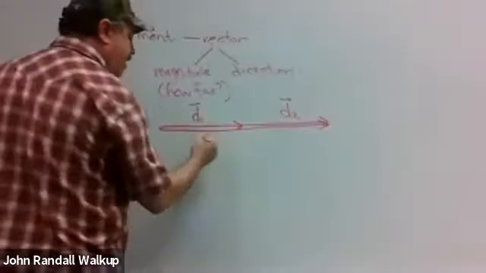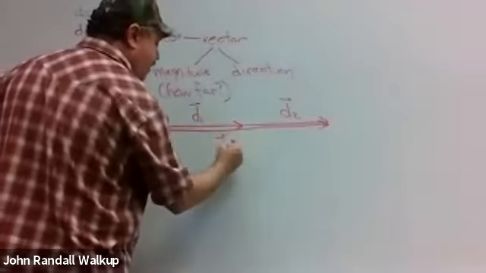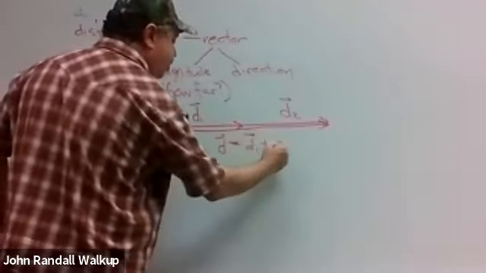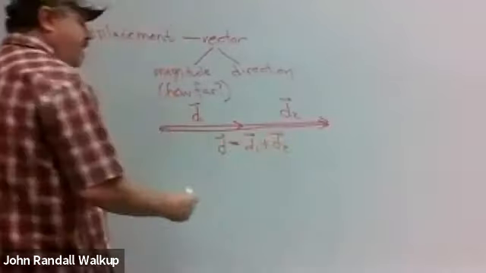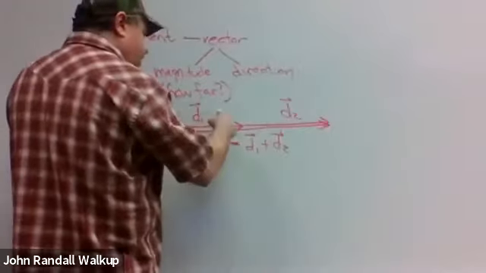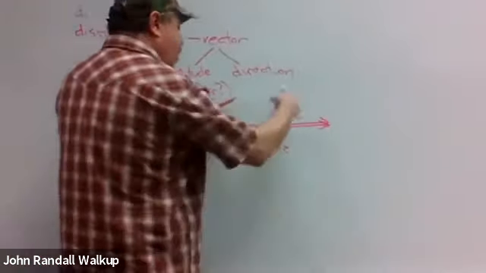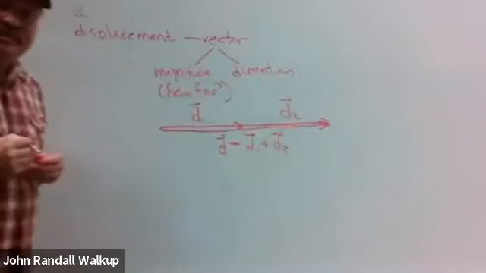And clearly, we could write this D as a vector addition. And it simply was, in this case here, the length of this one plus the length of that one.